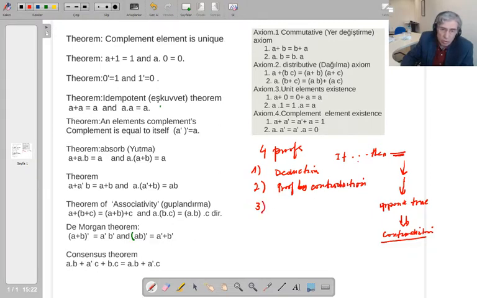The third mathematical proof is mathematical induction. In Turkish, indüksiyon, matematiksel indüksiyon denir. This method is used for an equation to prove that that equation is true.